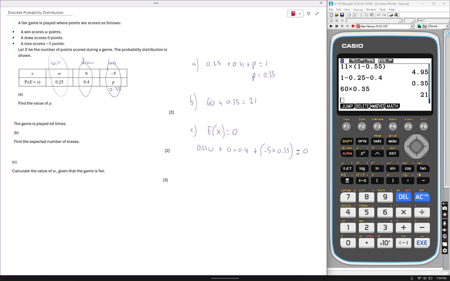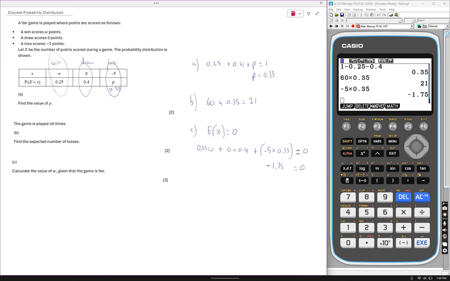So the 0 times 0.4 is going to be 0. -5 times 0.35 is -1.75. So -1.75 plus 0.25 W equals 0.